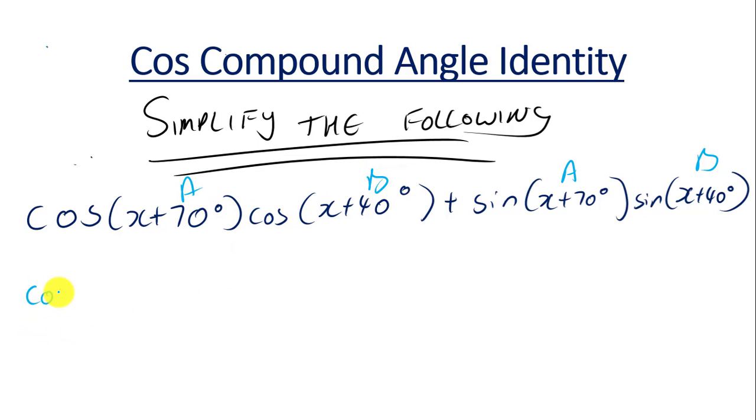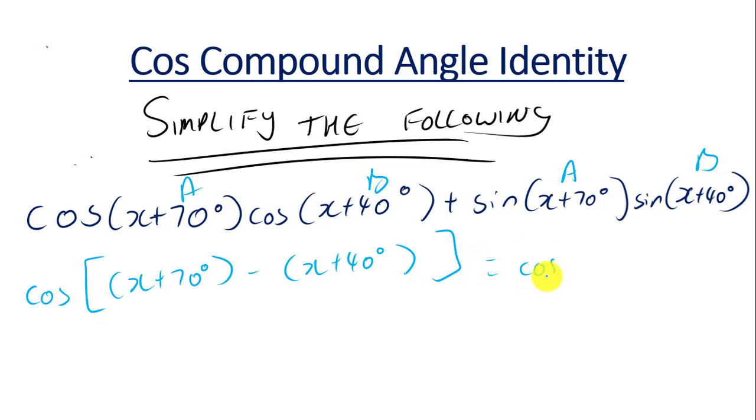So I've got cos of A, x plus 70 degrees, and now subtract B from that, which is x plus 40 degrees. Now I'm dealing with a minus sign over here, which means that when I drop these brackets, I need to multiply this x by -1. I need to multiply this 40 degrees by -1, which will then give me cos of x plus 70 degrees minus x minus 40 degrees.